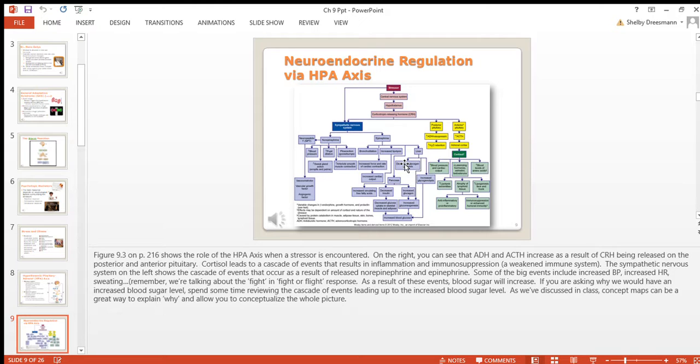The sympathetic nervous system on the left shows a cascade that occurs as a result of released norepinephrine and epinephrine. Some events include increased blood pressure, heart rate, and sweating, like what you would get in fight or flight. As a result of these events, blood sugar will increase.